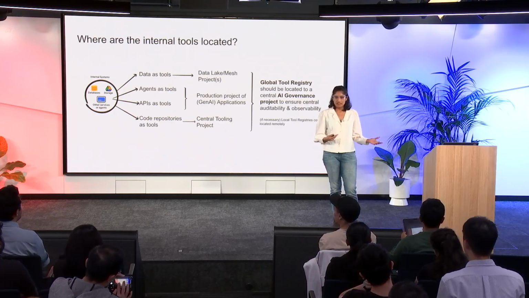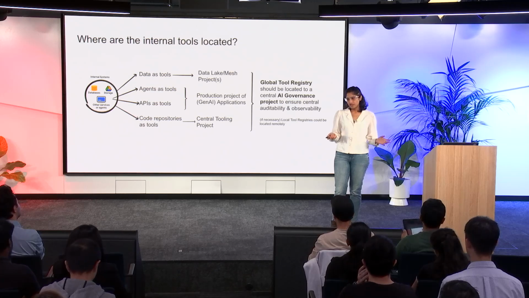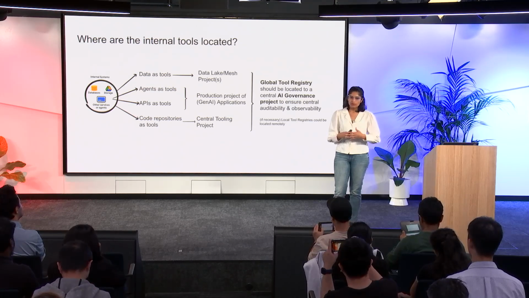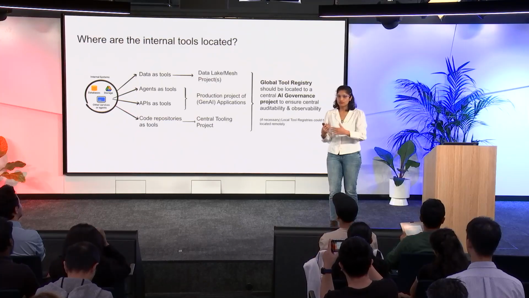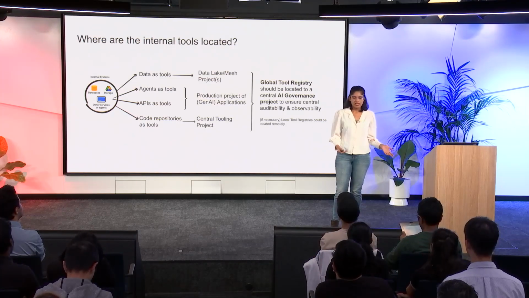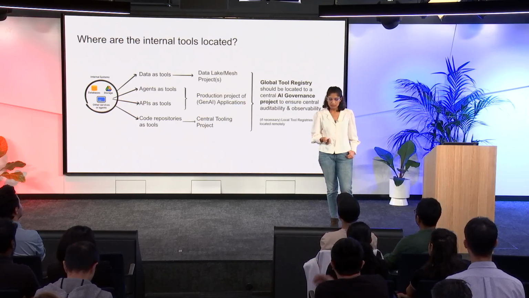Your agents would definitely be using those. And you'd probably end up using some code repositories as tools if you're working with agents that utilize your code repositories and build on top of that. For code generation agents, for example, you might be using Gemini CLI or Claude Code, or one of the many code generation agents that have popped up.